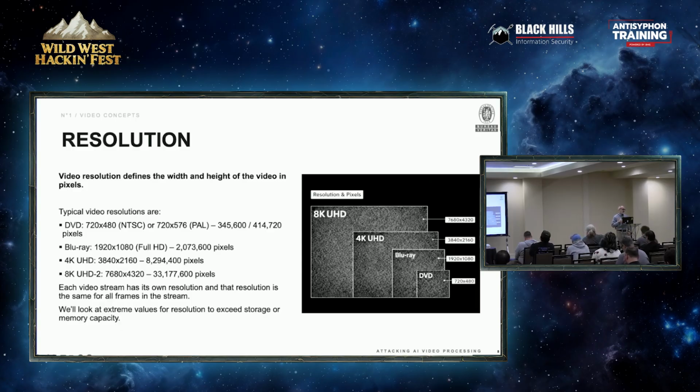That's going to become important later on when we're processing videos at high resolution. It's going to take more compute, more disk space, more resources as that resolution increases. Most containers and video codecs support any combination up to a certain maximum of these. These are just common ones that you'll see for movies or TV broadcasts.